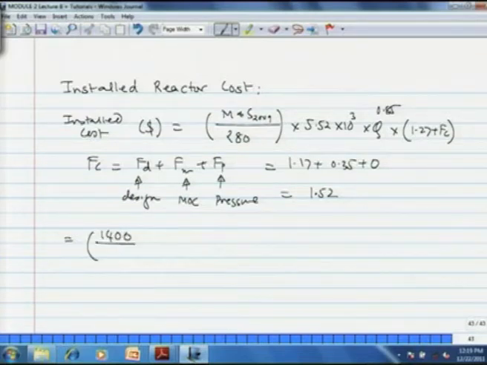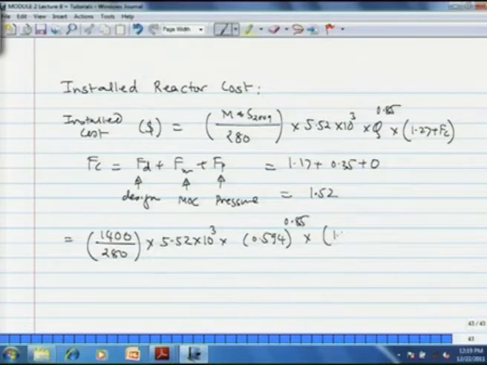Cost index is 1400 divided by 280, into 5.52 into 10 to the power 3, into 0.594 raised to 0.85, into 1.27 plus 1.52, the correction factor. Okay. So, we get the installed cost as $49,473.